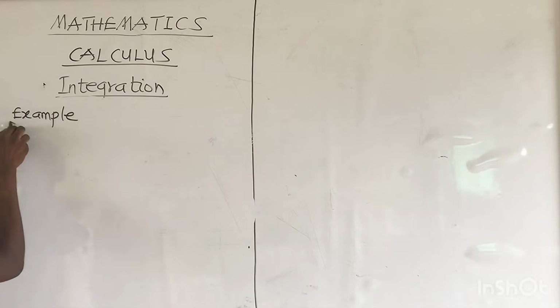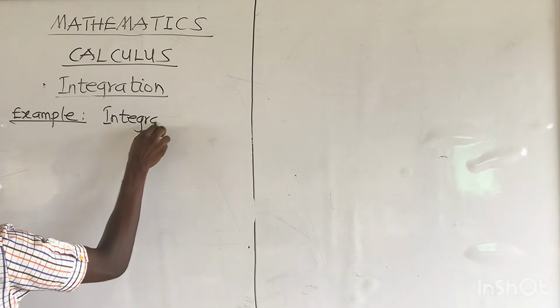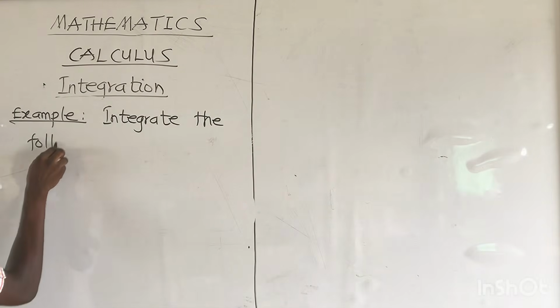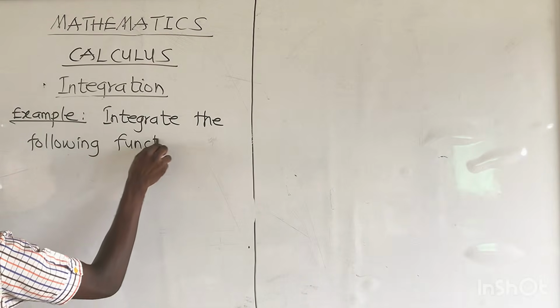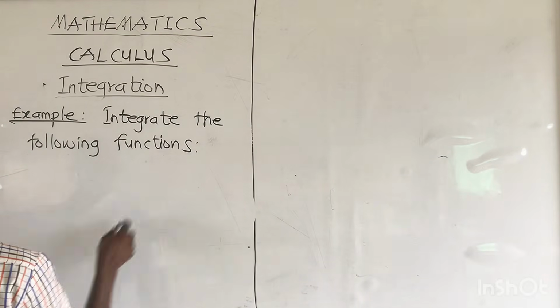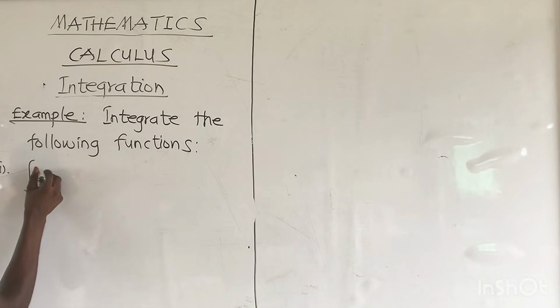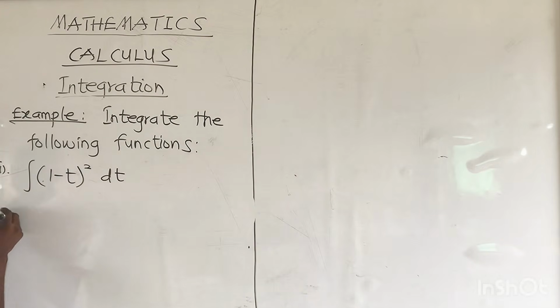Example: integrate the following functions. We have the integral of 1 minus t all squared dt.